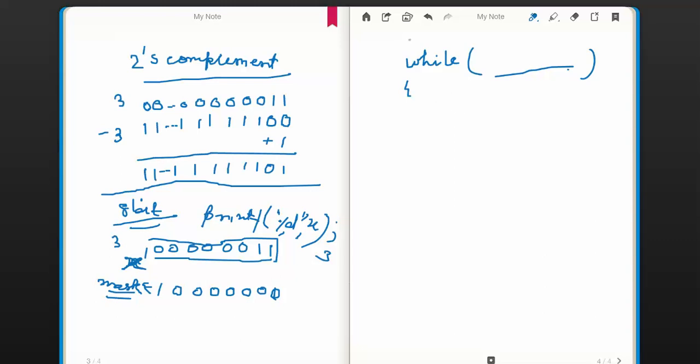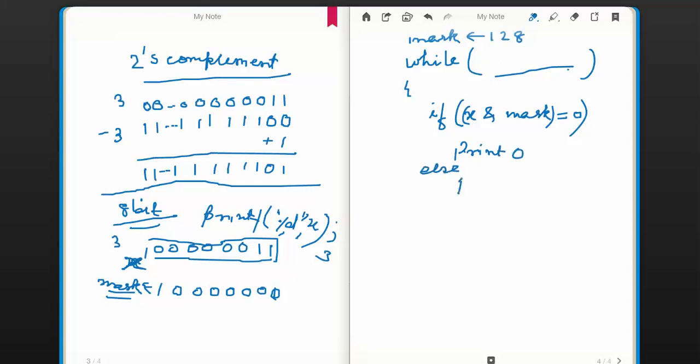So mask is initialized with 128, that is this binary pattern, 1 followed with 7 zeros. Right, now the statements inside the loop would be looking like this: x ampersand mask, if it is equals to 0, then print a 0, else print a 1.